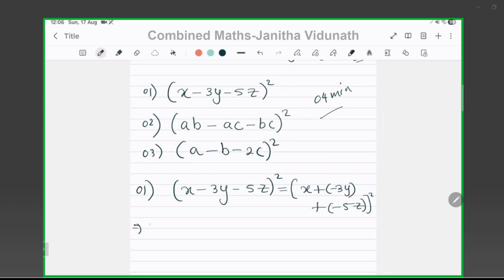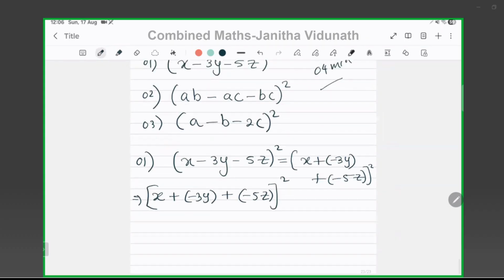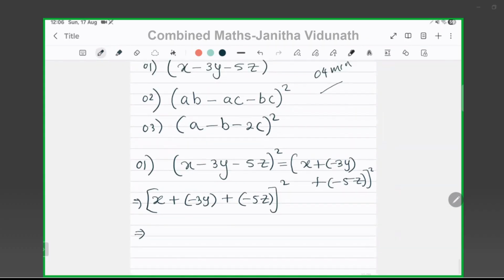Then the final answer is square of the first term, square of the second term, square of the last term.